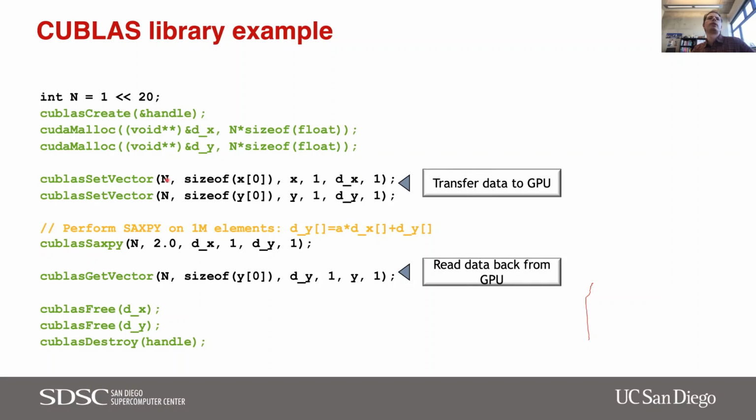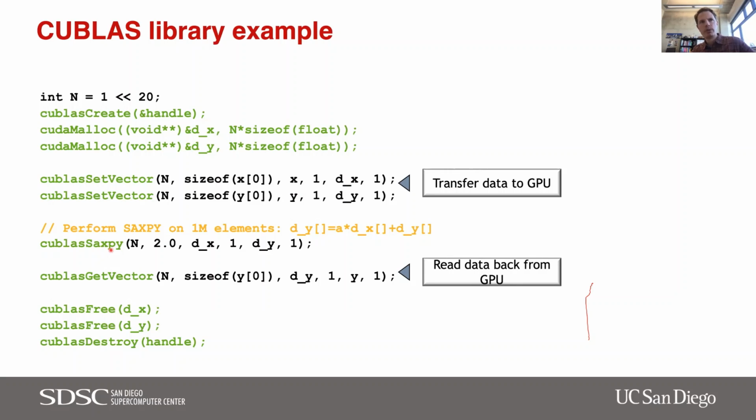What we do here is, again, sizeof gives us the size of an element, and n is the number of elements, and then we transfer the array X to the device, and we do the same for array Y. So these are variables, pointers to CPU memory, and these are pointers to GPU memory. We transfer the data to the GPU, and we call that function.